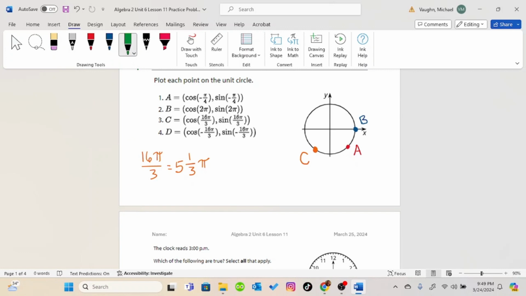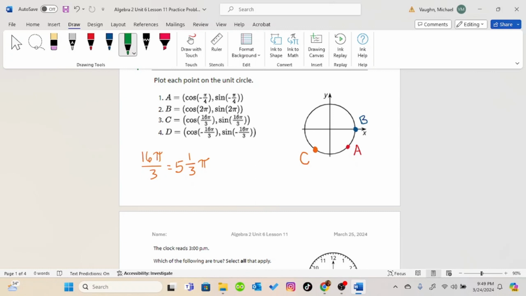And finally, we have point D. This is the same as C, only now it's negative. So instead of rotating counterclockwise, we're going to rotate clockwise. One full rotation clockwise is 2 pi.